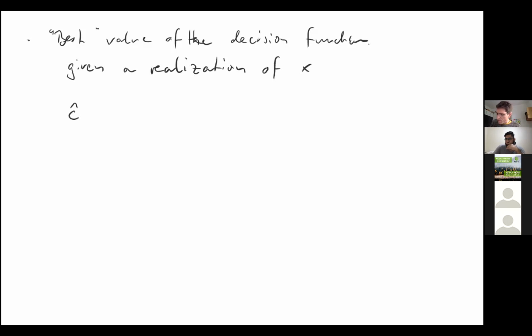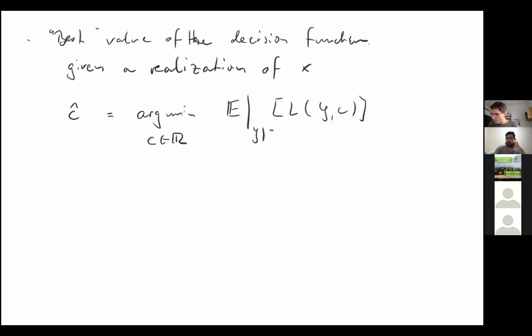So this is the best value, the c hat value, and it should minimize the expectation value of the loss function of y, but we only look at the conditional distribution of y given the realization of x.